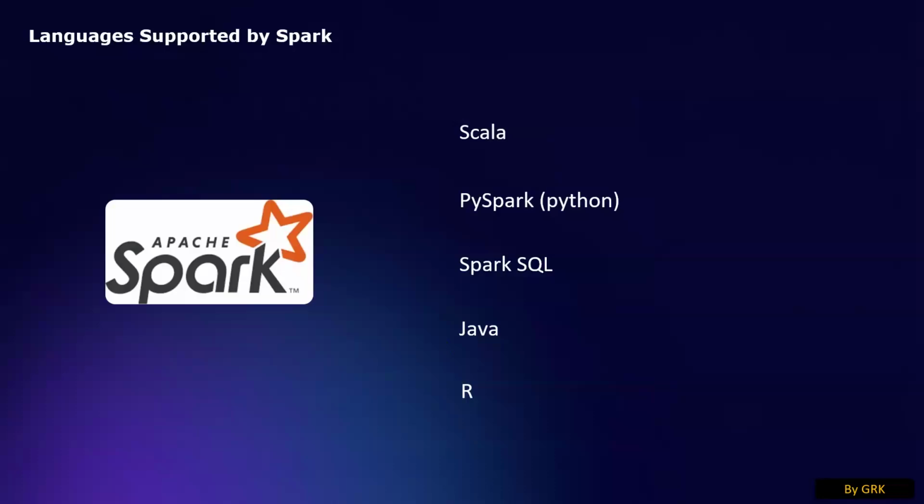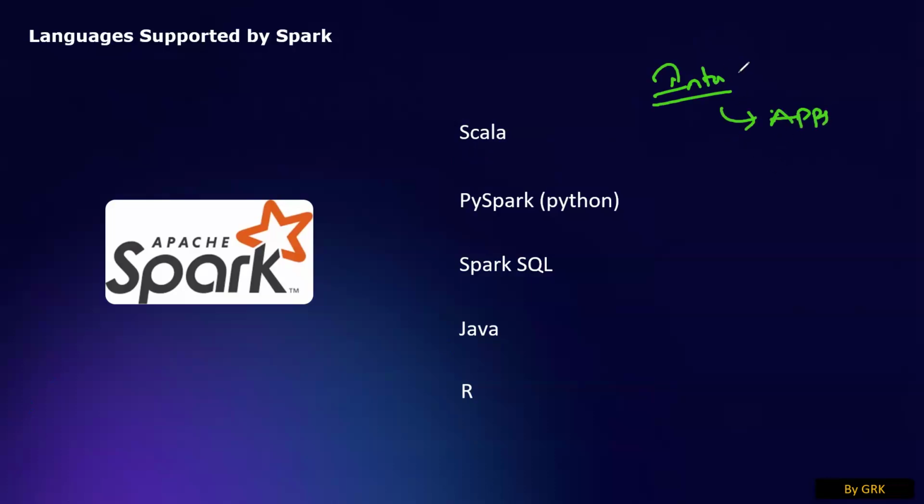What are the languages supported by Spark? If you want to work with Spark, Spark is the important part. For everything else, you can work with the interface, the same way you use your apps like Facebook and WhatsApp by clicking the icons.